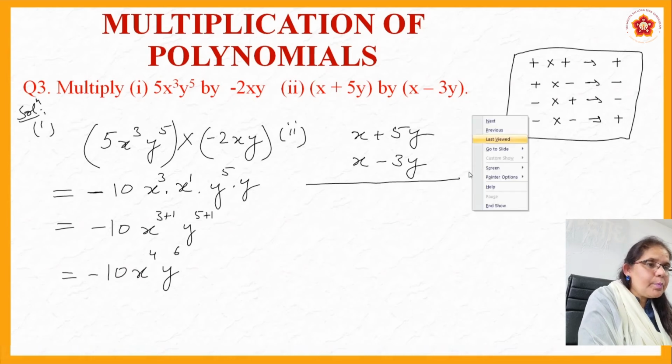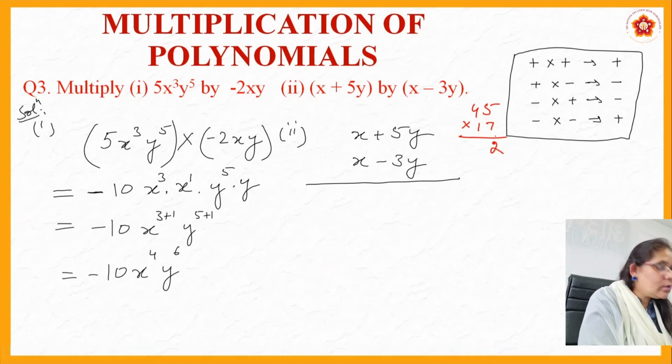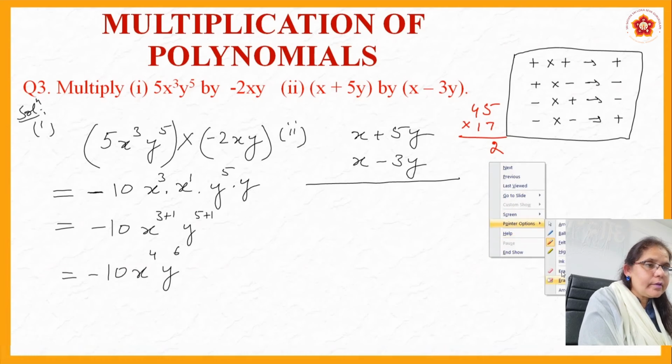Had it been simple numbers, if it is 45 multiplied by 17, what do we do? We first multiply 45 by 7. 7 5s are 35. So 5 will come here.